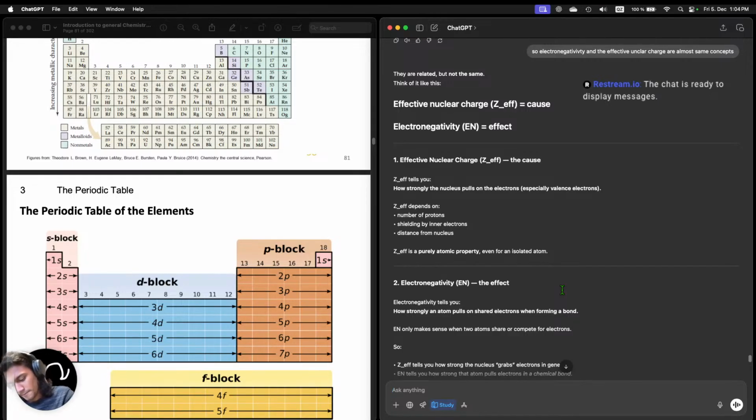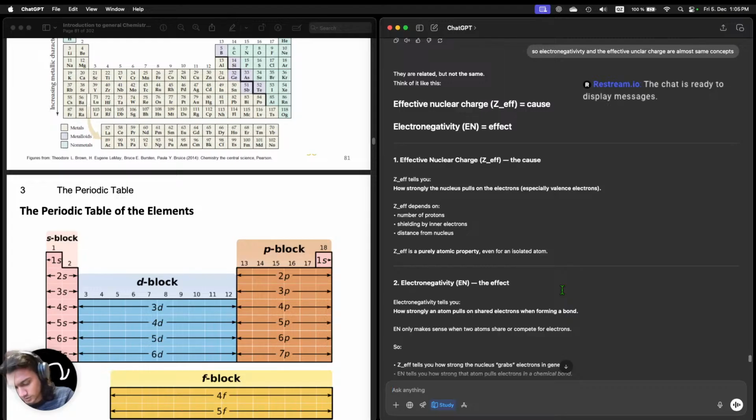Effective nuclear charge almost looks the same as electron affinity, but this one is for the outer electrons.